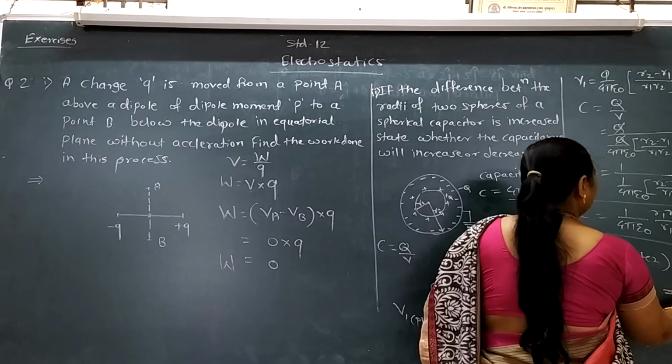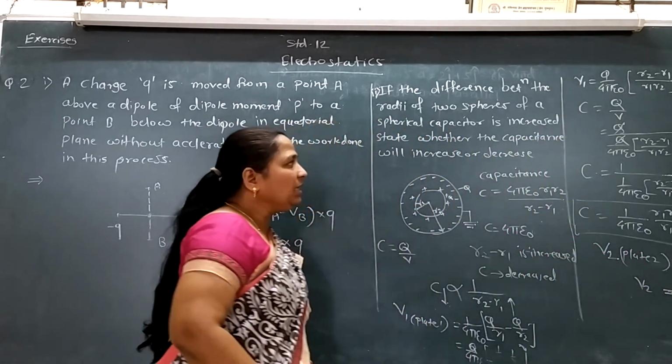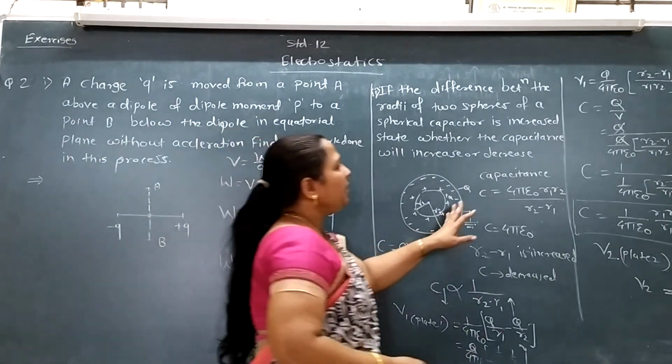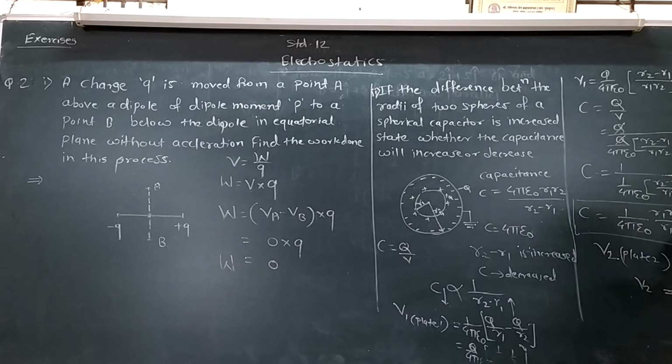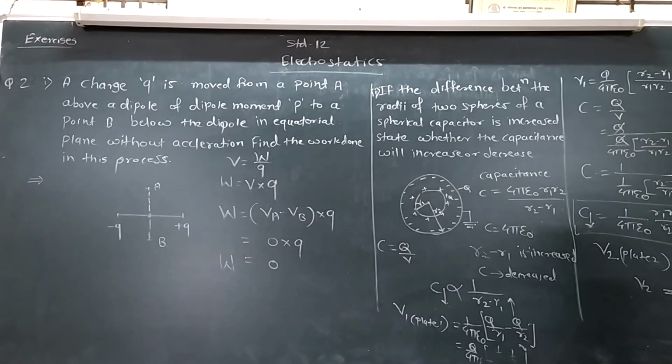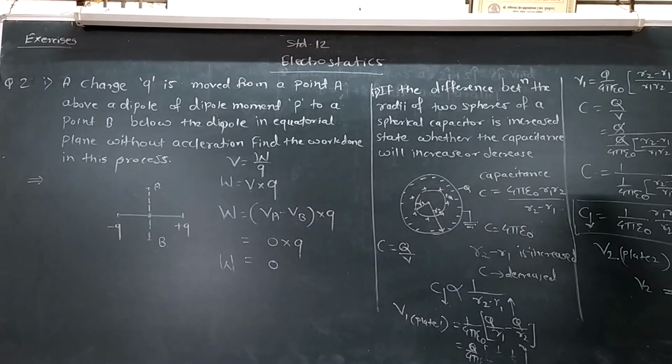The capacitance of the capacitor depends on the factor R2 minus R1. When R2 minus R1 increases, the capacitance decreases, and when R2 minus R1 decreases, the capacitance increases.